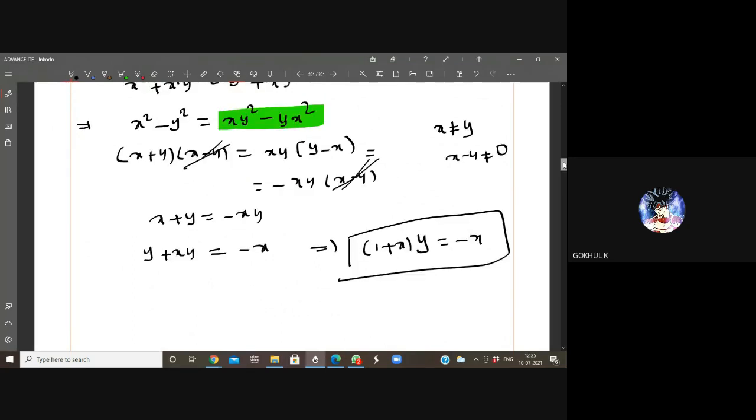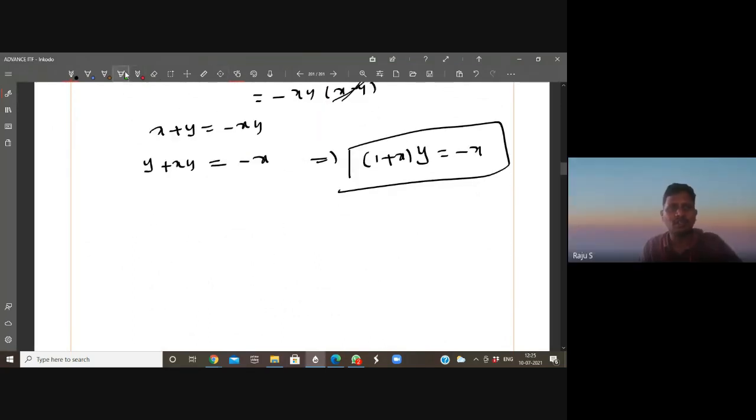Yes, sir. Right. When I differentiate here, again the uv rule. This is u, this is v. So u v dash: 1 plus x into the derivative of y, dy by dx, plus y into the derivative of 1 plus x, which is 1, is equal to minus 1.